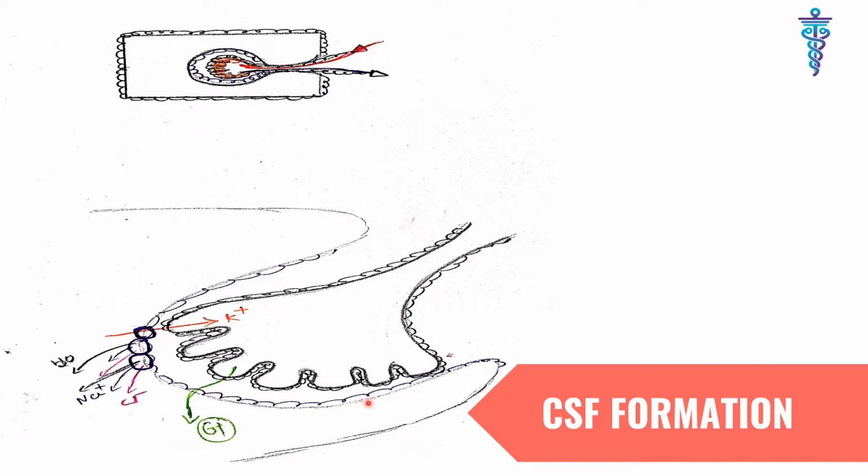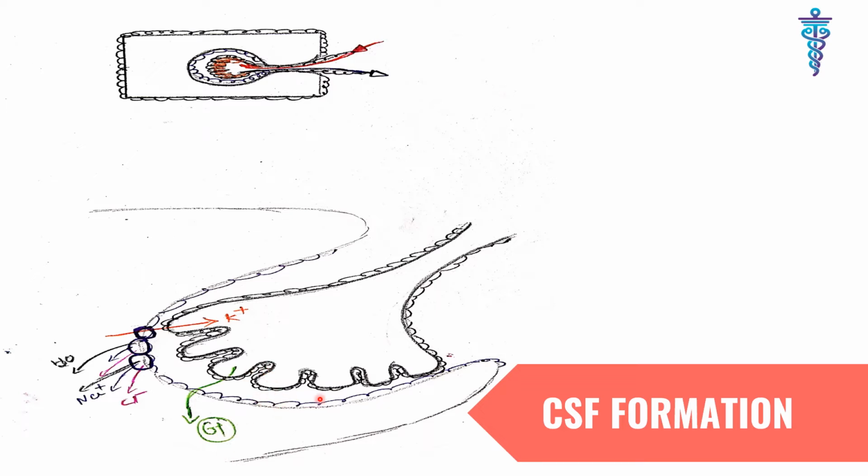This whole specialized secretory unit is called the choroid plexus. But what is the tela choroidea? The tela choroidea is the thin, highly vascularized, loose connective tissue portion of the pia mater. It is a lamina propria from the ependyma, with ependymal cells covering the choroid plexus.